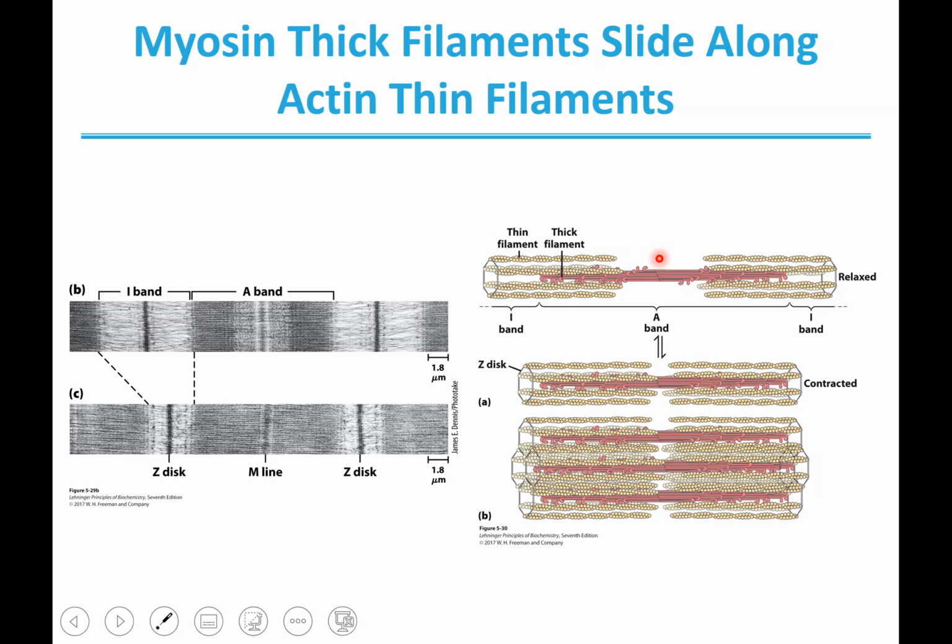The region of the thick filament of myosin where there's no actin overlap is the A band, the darker region.